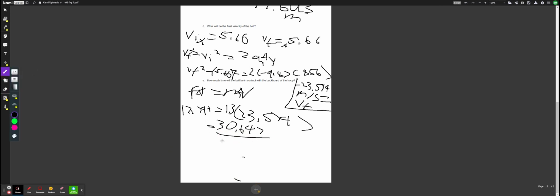Divided by 12.74 is equal to 2.4055. Then the time we just bring down. So the time that the ball is in contact with the backboard is equal to 2.4055 seconds.